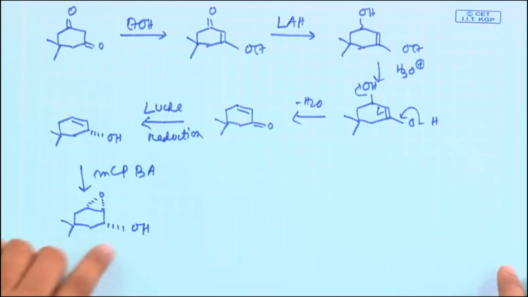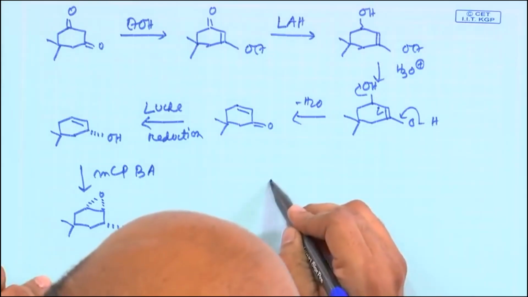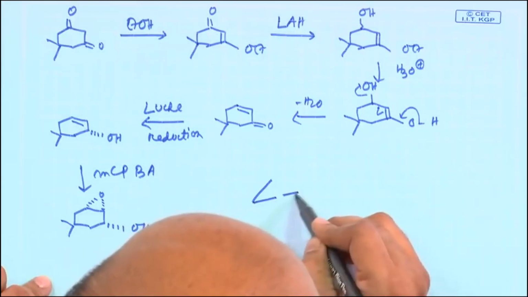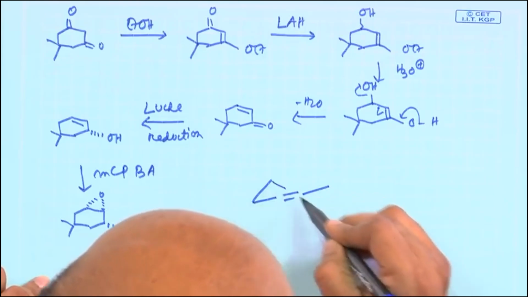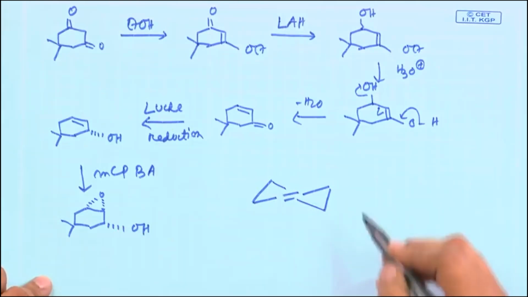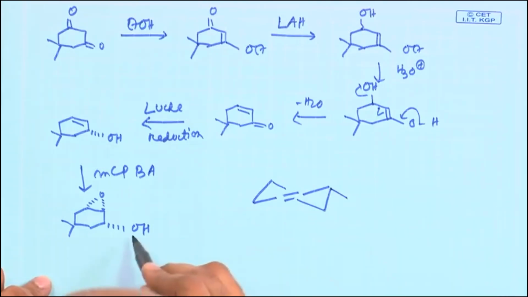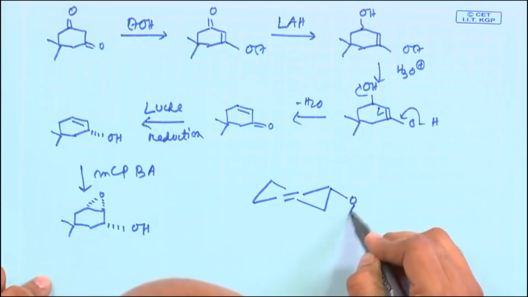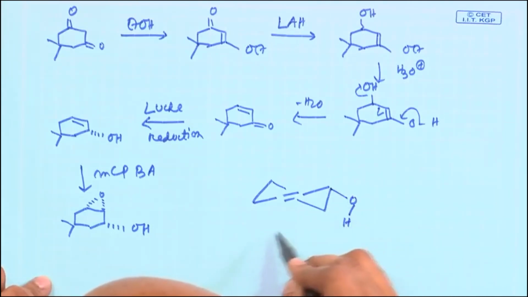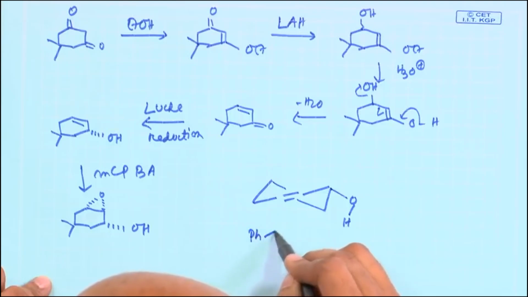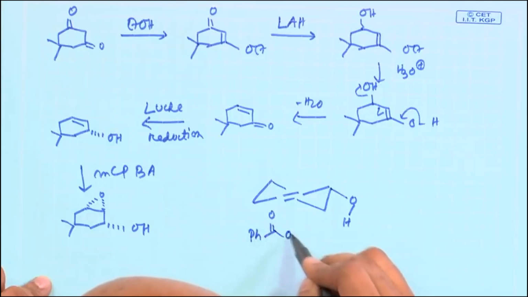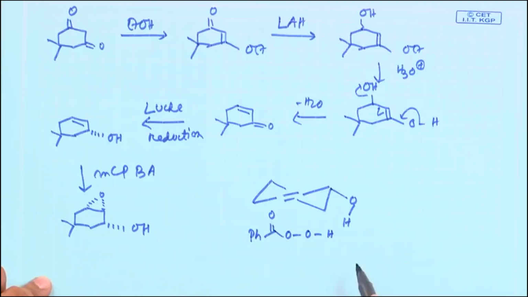Now, this is a very interesting reaction. Normally, the stereochemistry can be explained through a chair type of geometry. We said the hydroxy is below, so it is having this kind of geometry, and mCPBA is basically Ph C double bond to OOH peracid.